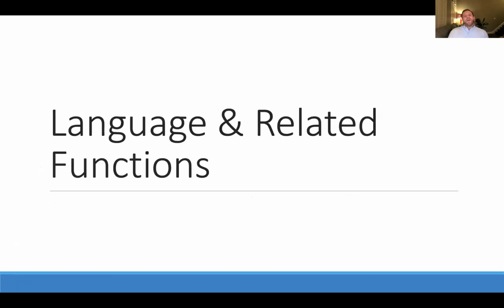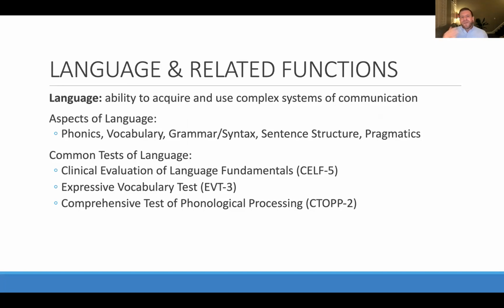So I want to talk a little bit about the next domain, which is language and language related functions. And what I want to say about this, and this is going to be the case for our academic testing too, is that within especially a domain like language, there are multiple levels that if we're doing a thorough assessment we want to look at, right? So we might look at the basics, the building blocks of language, which are phonics, so the sounds that we use to make words, and we'll come back to those.